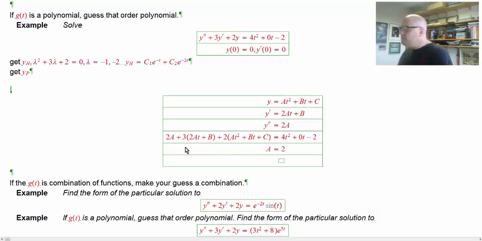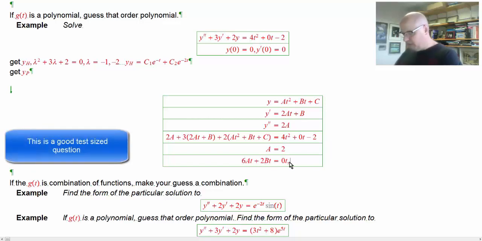If I'm looking for the coefficient in front of t, here I've got 6at plus 2bt equals 0t. I already know that a has to be 2, so this is 12t plus 2bt, so that means that b has to be minus 6.